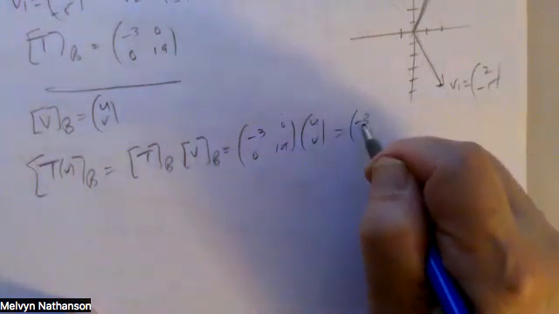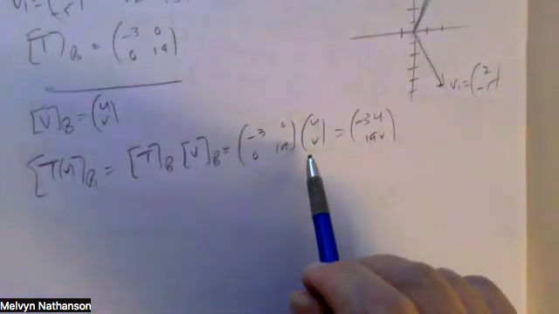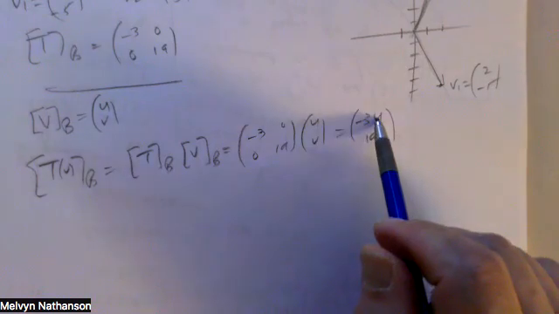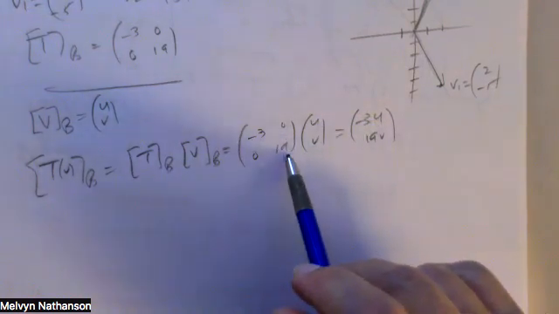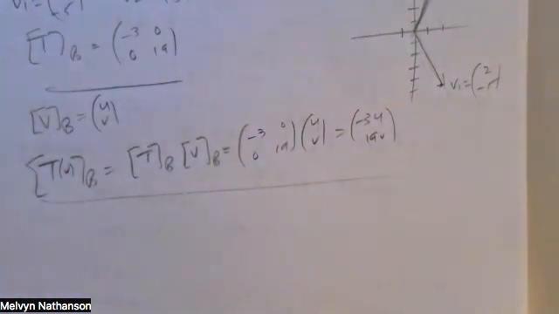This is just (minus 3u, 19v). So for this vector (u, v), the first coordinate is stretched by a factor of minus 3. The second coordinate is stretched by a factor of 19. It really is a very, very simple way to understand how this matrix operates.